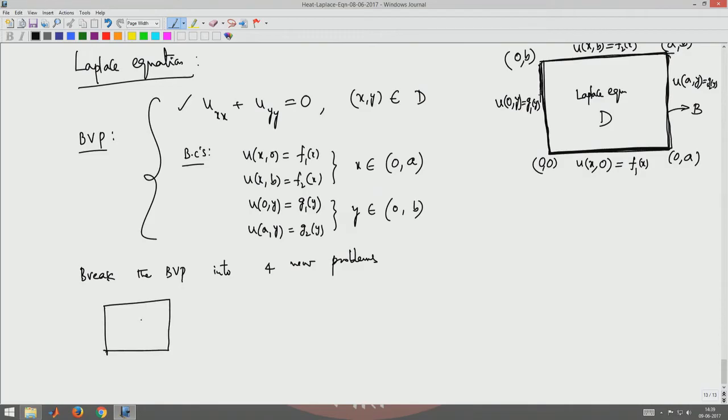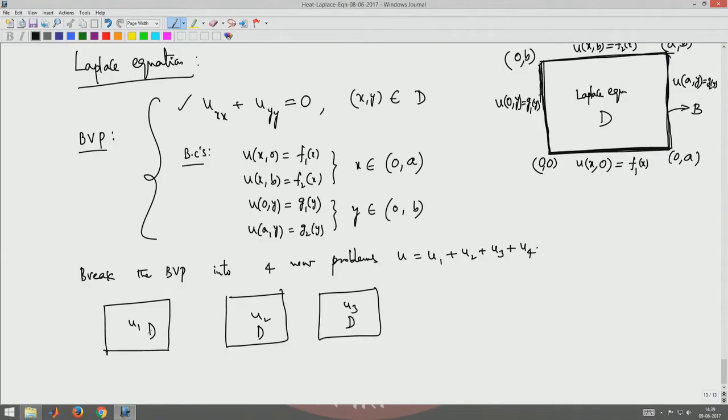Call u equal to u1 plus u2 plus u3 plus u4. Then u1 satisfies the Laplace equation, u2 satisfies the Laplace equation, u3 satisfies the Laplace equation in D. This is the domain D, the same domain we have considered. u4 is also satisfying it in this domain D. Only the boundary you have to be careful about now.